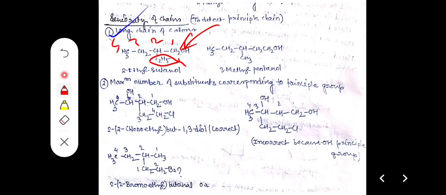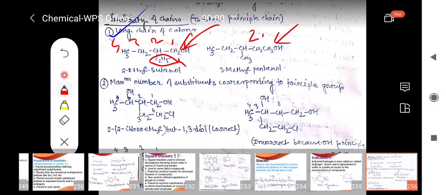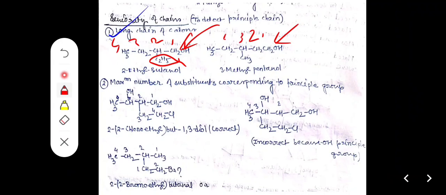From that position we consider numbering, that is 1 2 3 4 5. We do not go this side because this is not the longer chain. We have to consider this side because the longer chain is there.